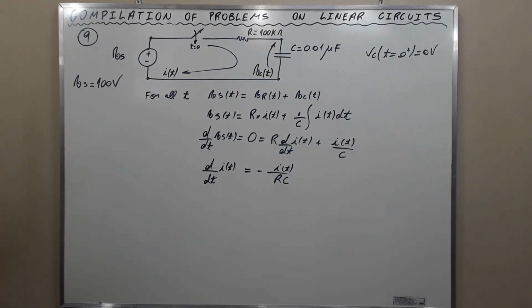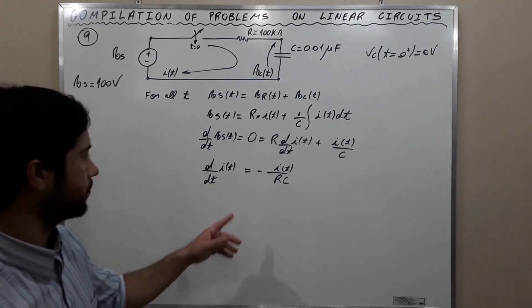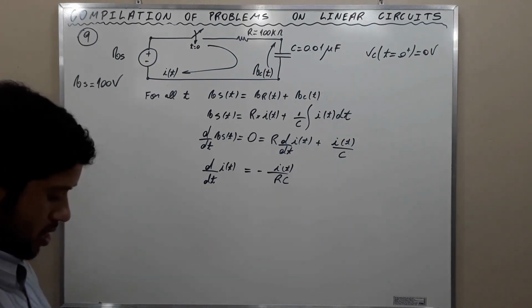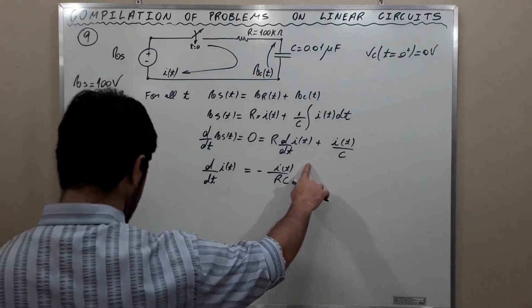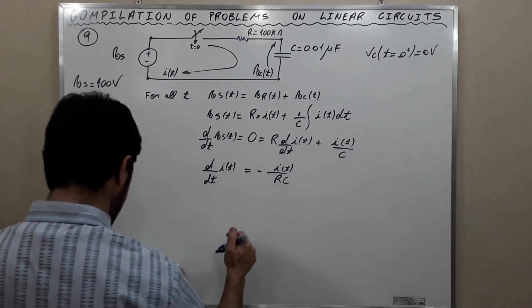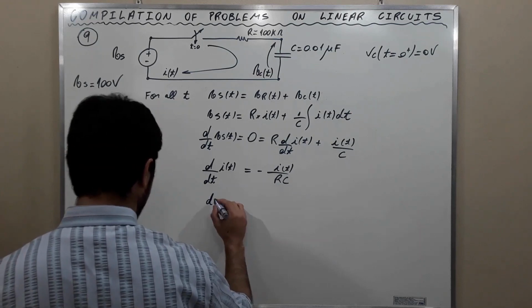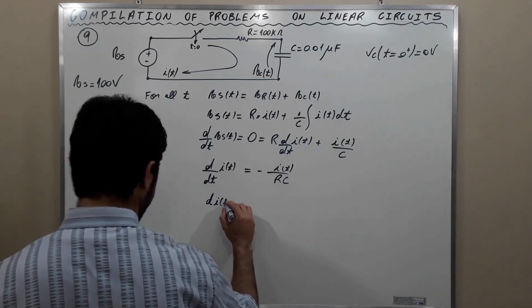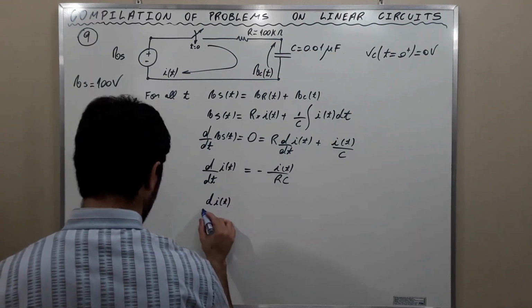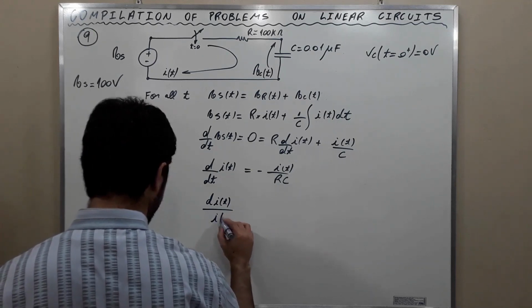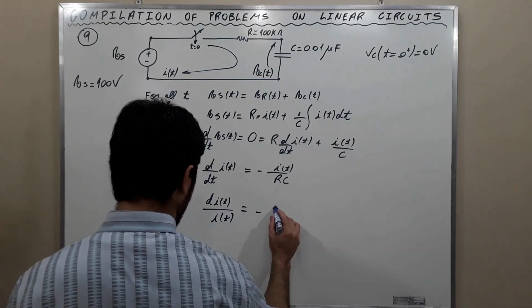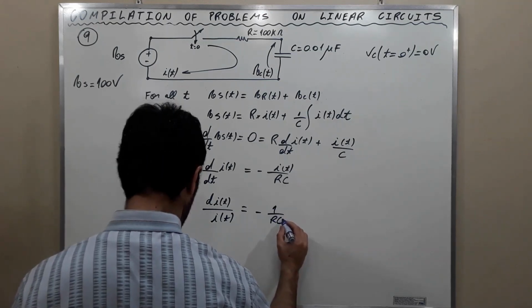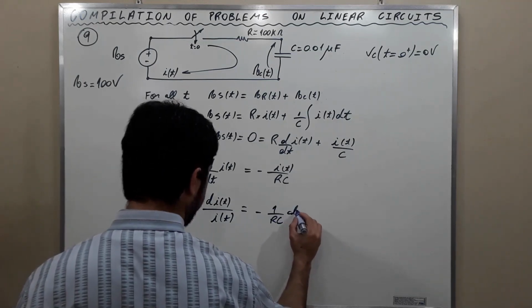The next step is to pass this dt here and this I of t here. So it is going to be dI of t over I of t, and this is equal to 1 over RC dt.